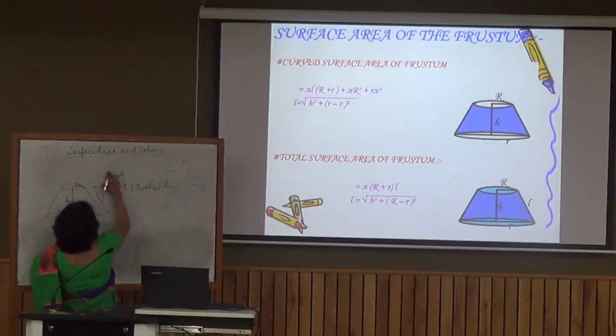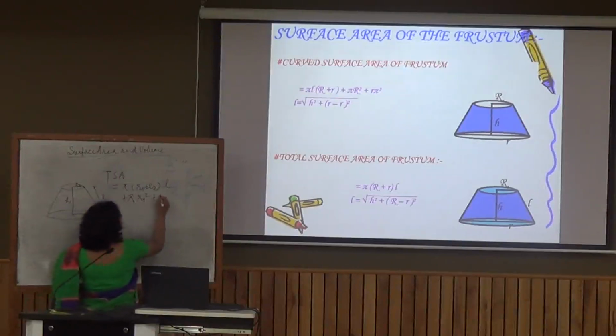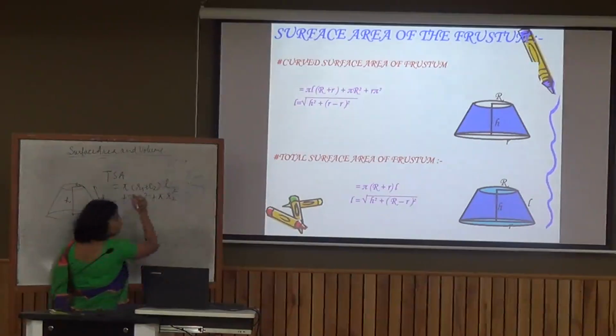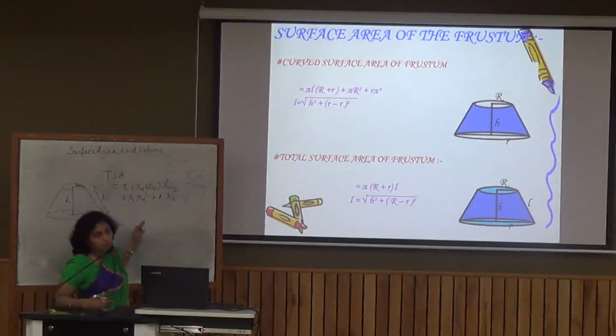That gives us total surface area as pi (R1 plus R2) L plus pi R1 square plus pi R2 square. So it's very easy. We can compare it with the surface area of the cone and learn it easily.